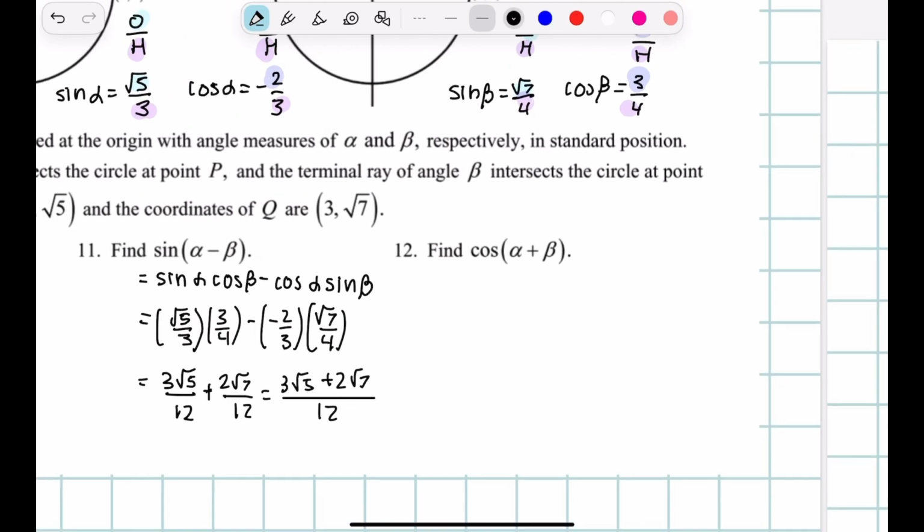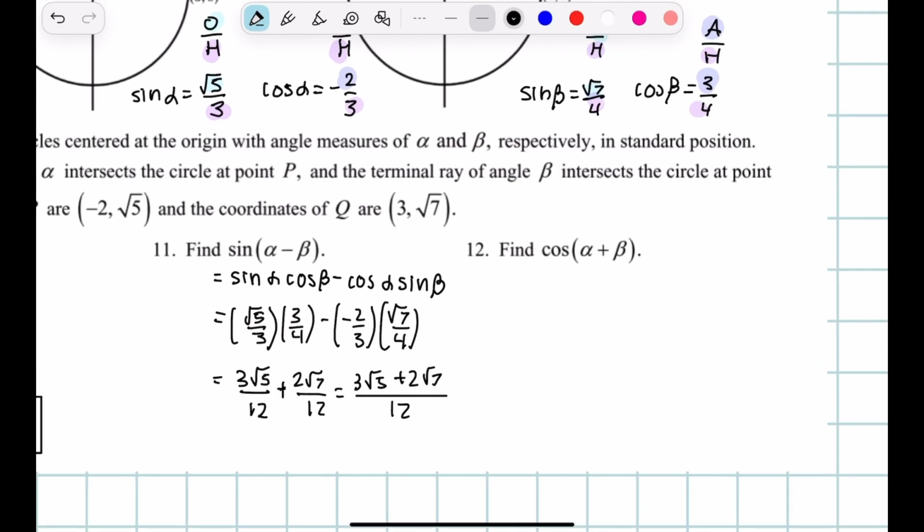Now cosine of alpha plus beta is equal to cosine alpha times cosine of beta minus sine of alpha times sine of beta. So this is equal to negative 2 over 3 times 3 over 4 minus root 5 over 3 times root 7 over 4.